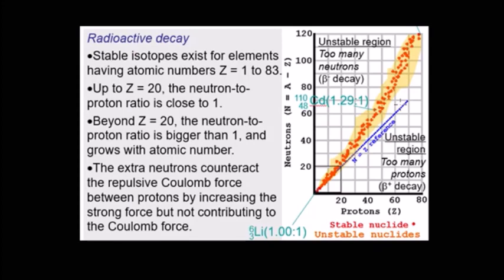And this chart here shows this process up until about element 20. You have basically a 1-to-1 ratio of neutrons to protons. After that, you start gaining more and more neutrons until you have way more neutrons than protons, and it becomes kind of ridiculous, and nothing wants to stay together because the coulombic force is able to overcome the strong nuclear force just by sheer numbers and distance.